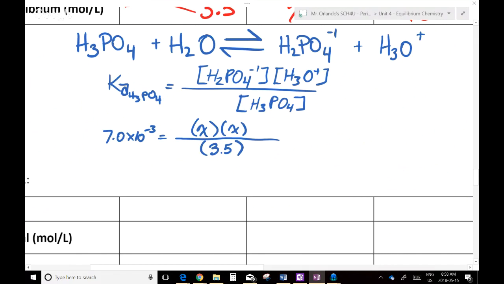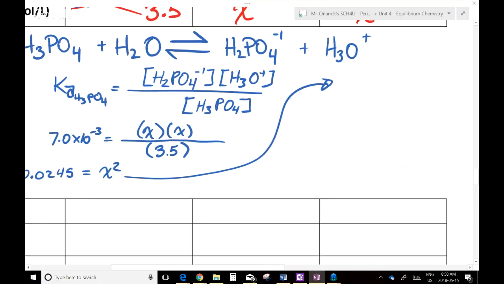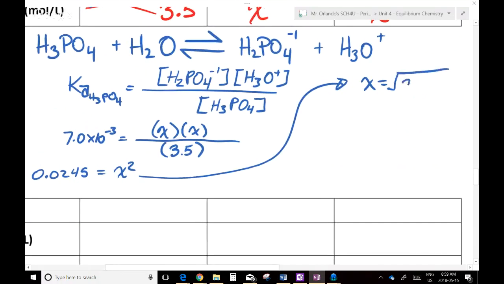Which gave you what? Okay. And that's equal to x squared. Good. And then to actually solve it, we can say x is equal to. And that gives us what?